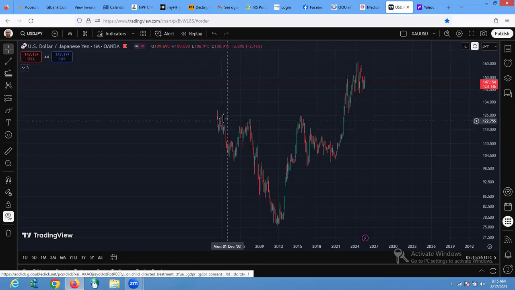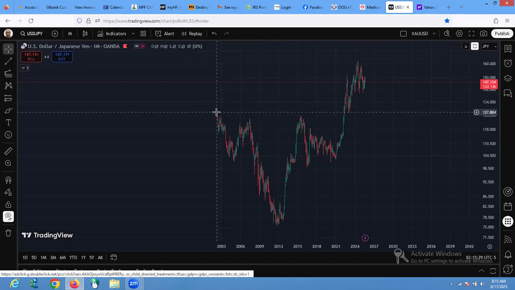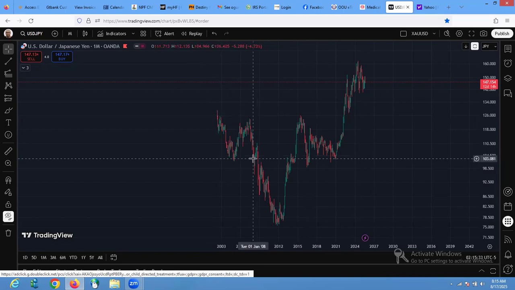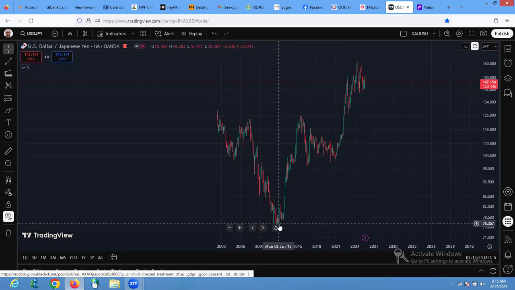After this move, the data not captured before this 2003 here, but after this low in 2012, we had seen dollar yen gain traction to the upside in 3 waves.